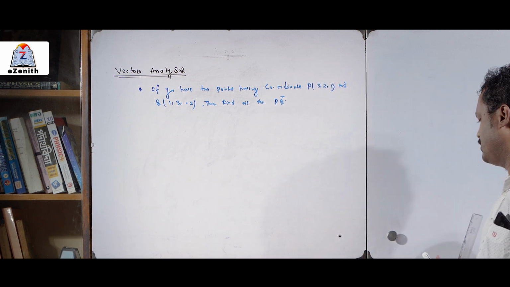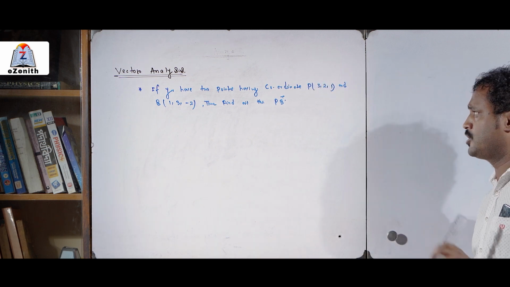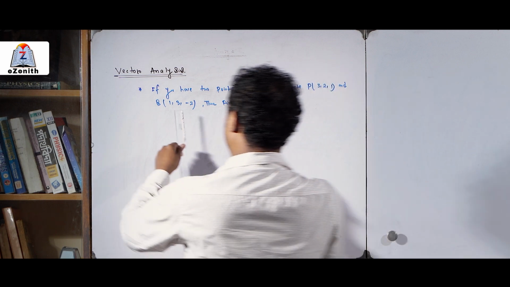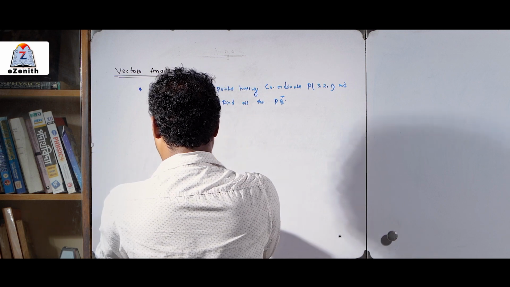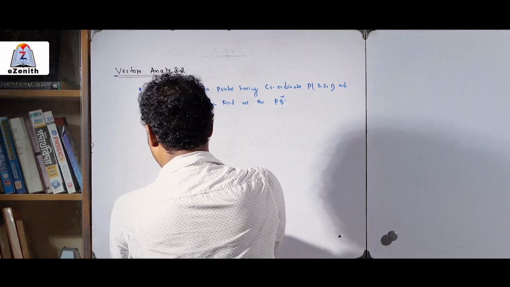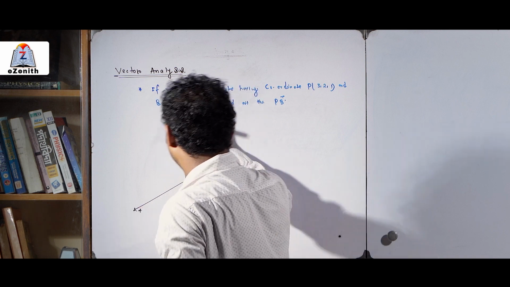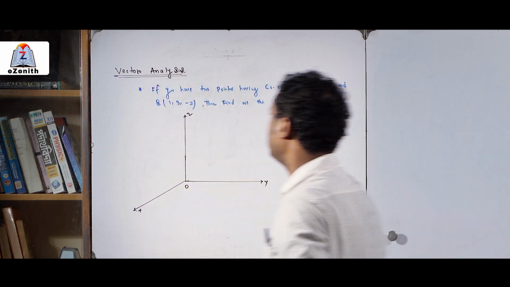Okay, how can we solve it? This problem is a vector in between 2 points. Generally, we represent the vector with respect to origin. But in the case of this type of vector representation in between 2 points, suppose you have the figure x, y and z with origin.